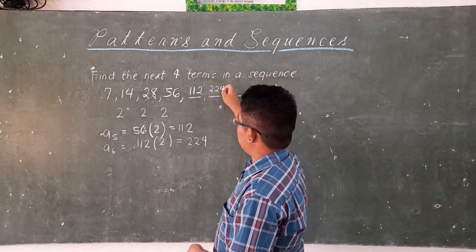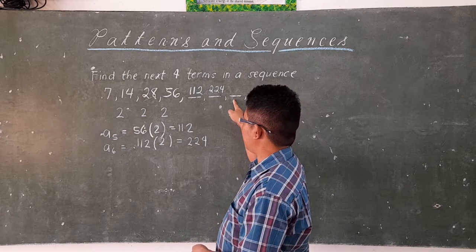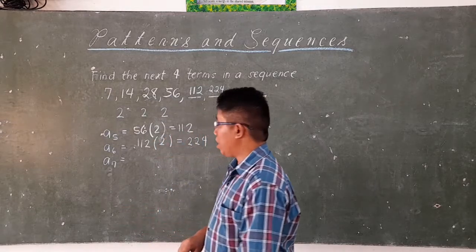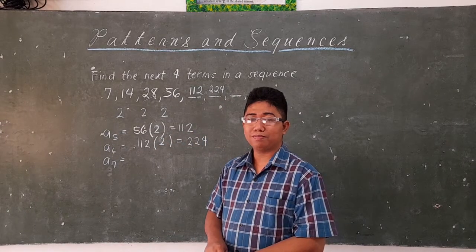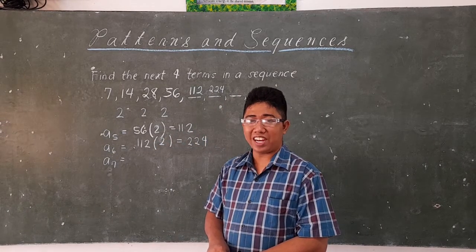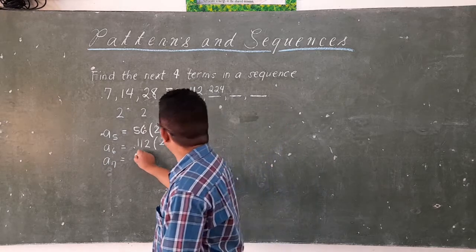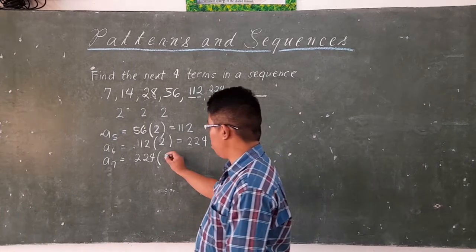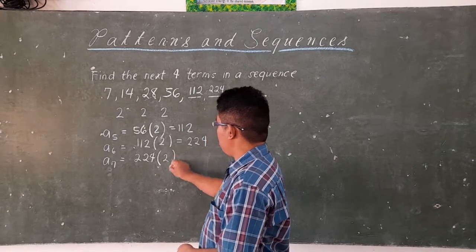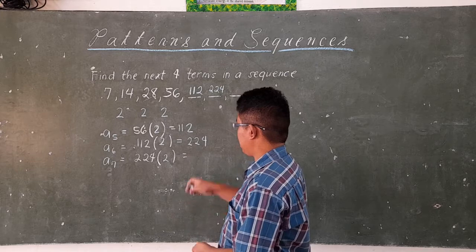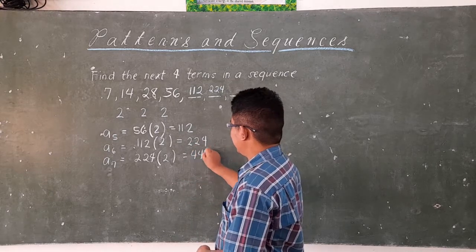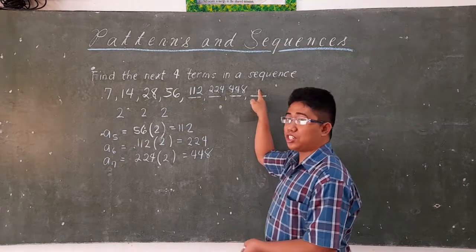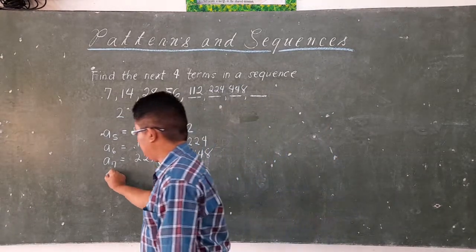How about the next term? So the next term is a sub 7. What is the previous term? Okay, right. So that is 224. So 224 multiplied by 2 is equal to 448. How about the last term? So the last term would be a sub 8.